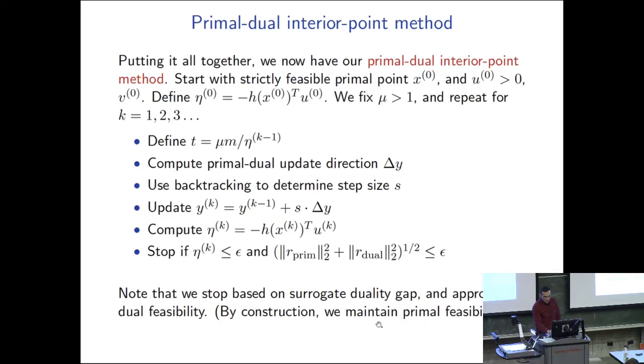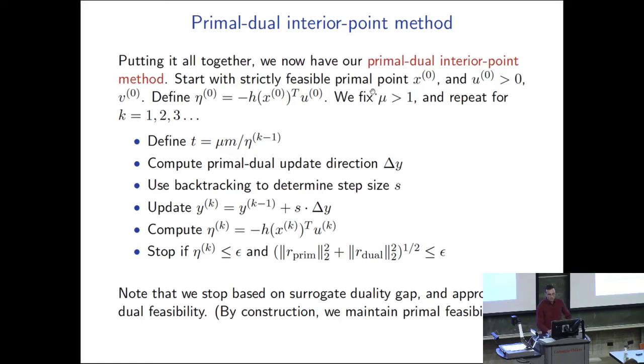I wrote down here by construction we maintain primal feasibility. Maybe I could have written a bit more to make that more clear. What I meant to say is that if we start with a point x0 that satisfies Ax0 equals b, then this Newton update we take is going to preserve that. It's actually going to always keep us in the equality constraints. And backtracking is always going to ensure that hi of x is strictly less than 0.